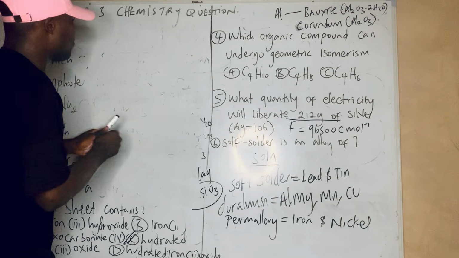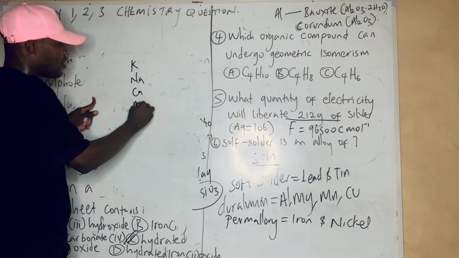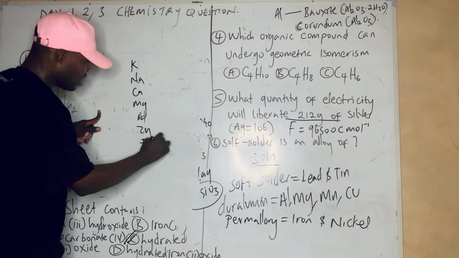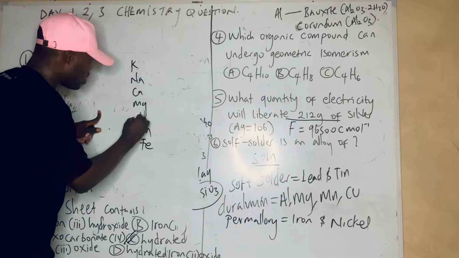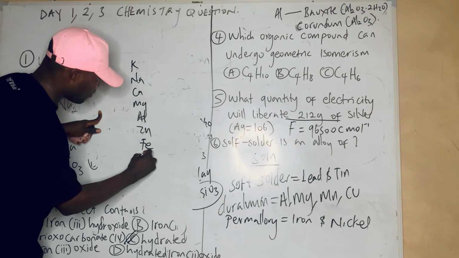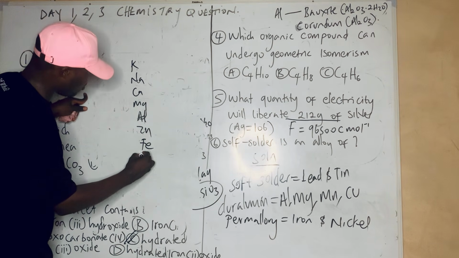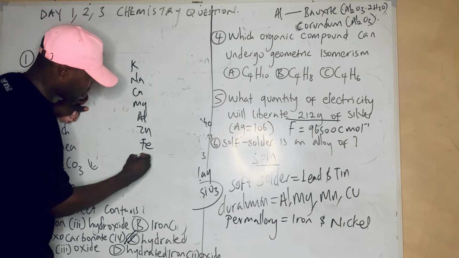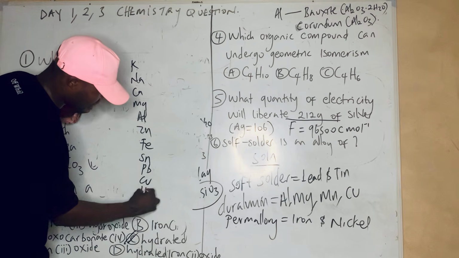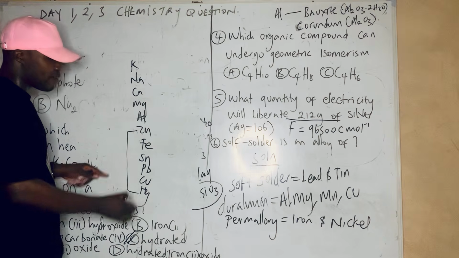If I have K, Na, Ca, Mg, Al, Zn, Fe, Sn, Pb, Cu, Hg, and so on and so forth, elements below aluminium are usually extracted by reduction.